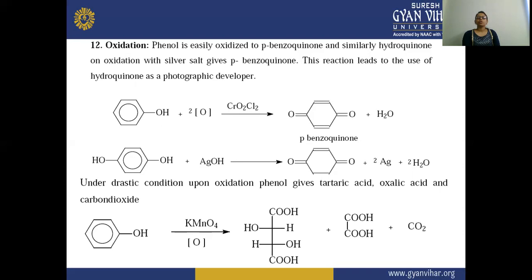So here, when the phenol is oxidized with oxygen in the presence of chromium oxide, we are getting para-benzoquinone, and this reaction leads to the use of hydroquinone as a photographic developer. So this hydroquinone is used as a photographic developer. It is used in photography also.